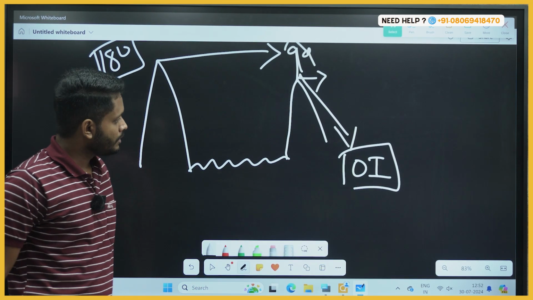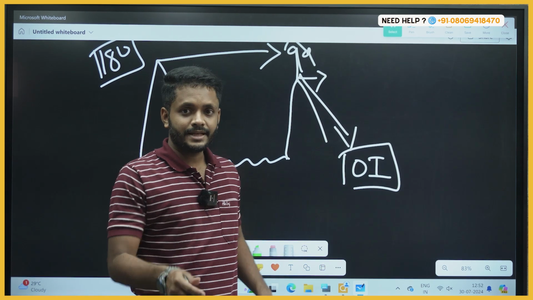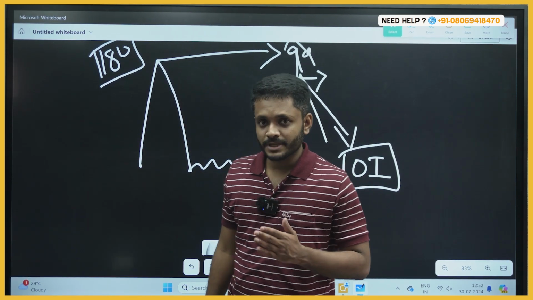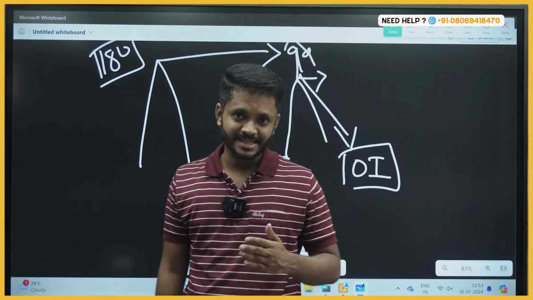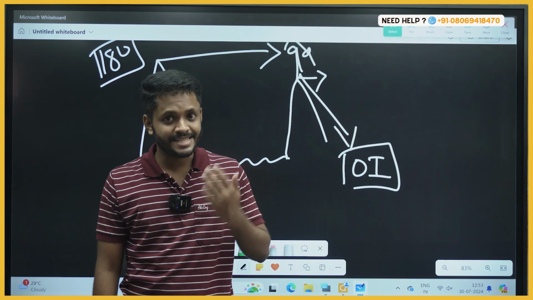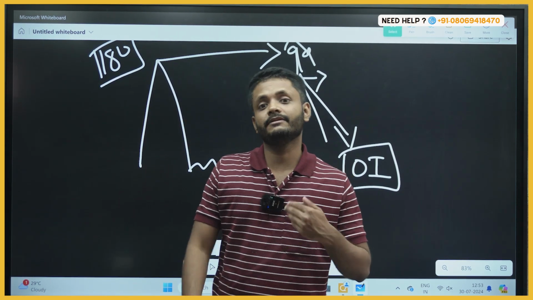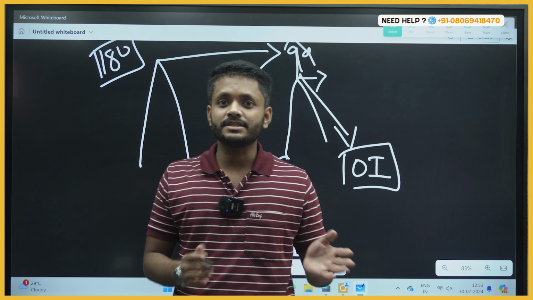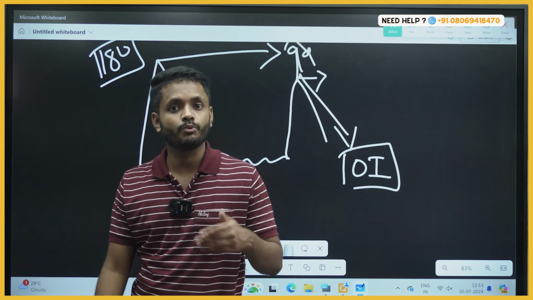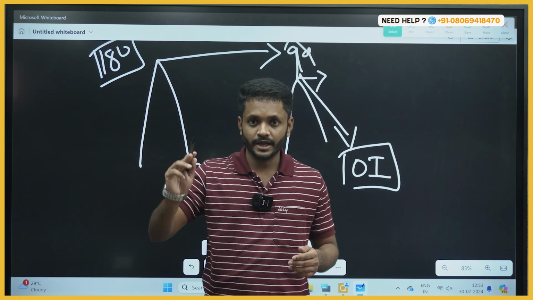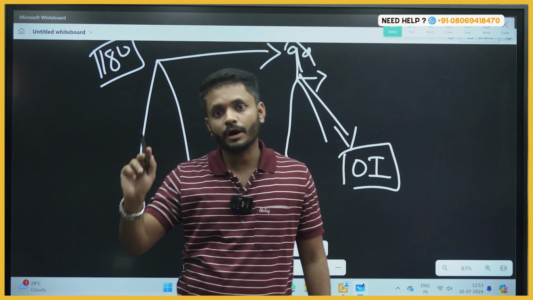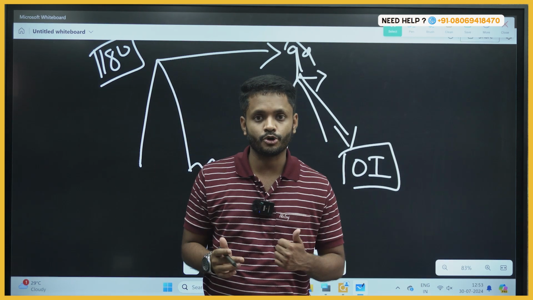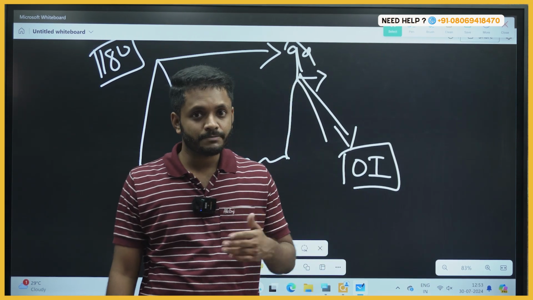Say for example, at the same time when the price percentile has crossed 90, the OI is also approaching around 90 or more than 90. Now what does that mean? Price is moving up, and when OI is also above 90, when OI is also strong, that means more and more participation is happening.